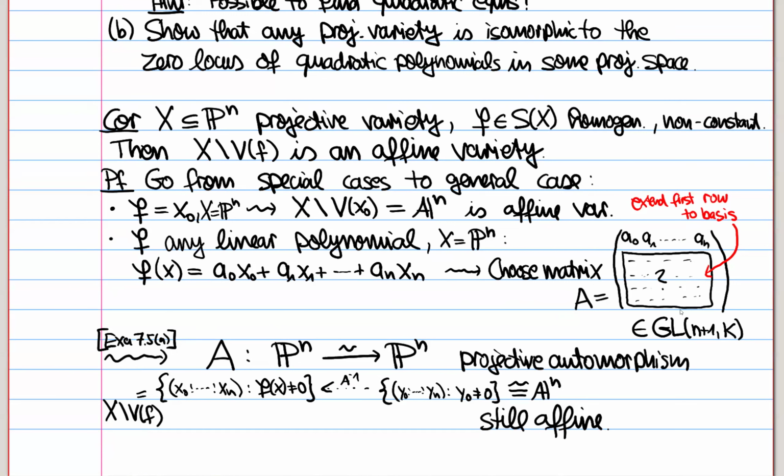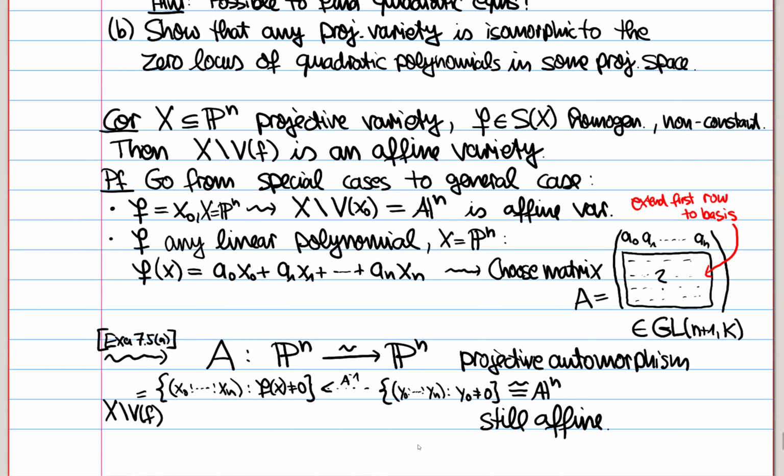And then the claim is, well, this invertible matrix defines an isomorphism from Pn to Pn. We have seen these things; these are projective automorphisms of projective space. And then you check that if you start with a vector where f of x is non-zero, it exactly maps this to a vector where y0 is non-zero.